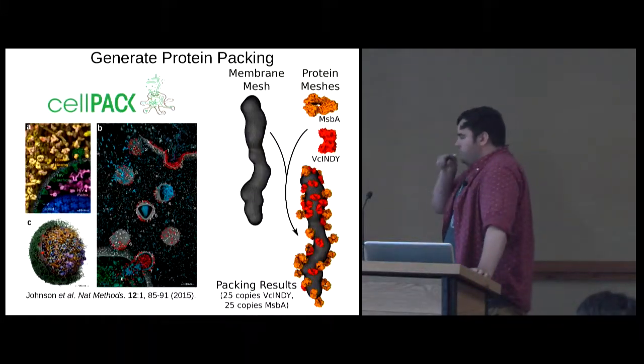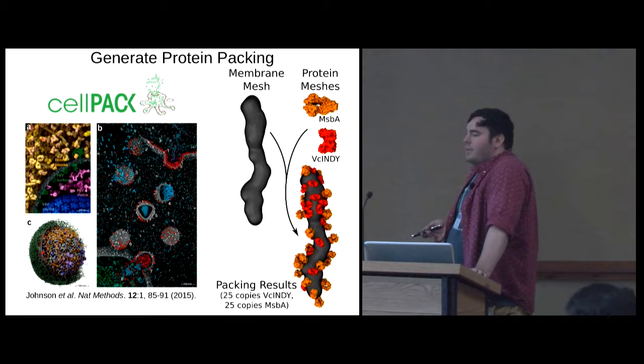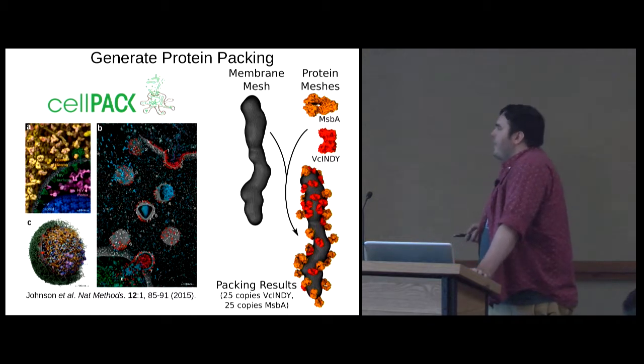And so, excuse me, the first step in incorporating membrane proteins is to generate a packing of the structure. To do this, we use software called Cellpack. Cellpack represents proteins and other elements in the system as meshes, and it's able to produce very complex and dense packings of these meshes into different compartments, and also do so at a very large scale, as demonstrated in this figure from the Cellpack paper.